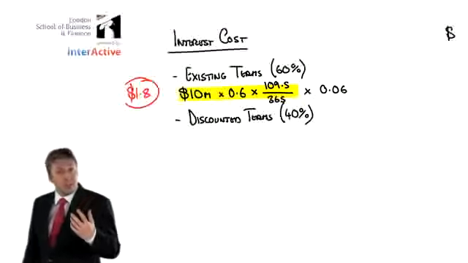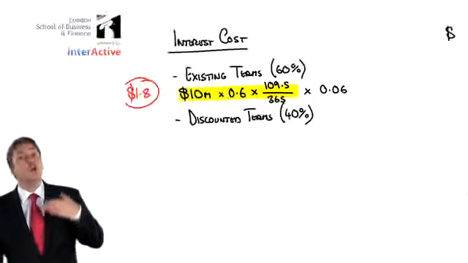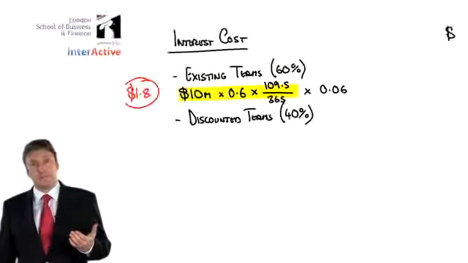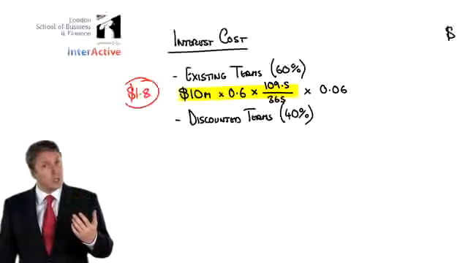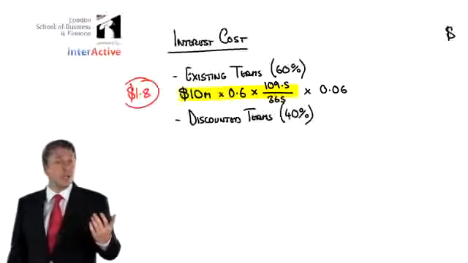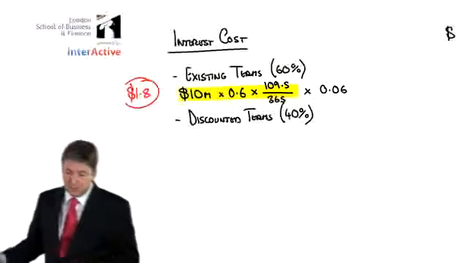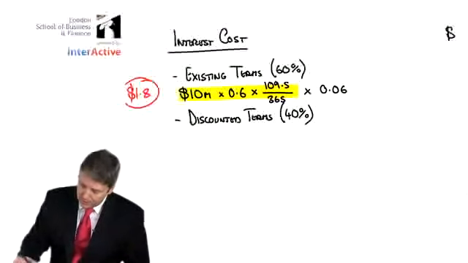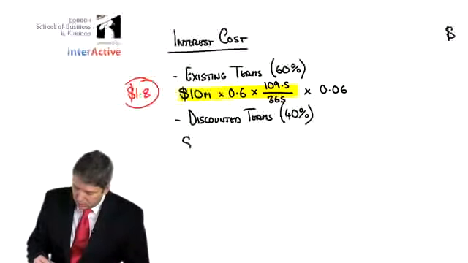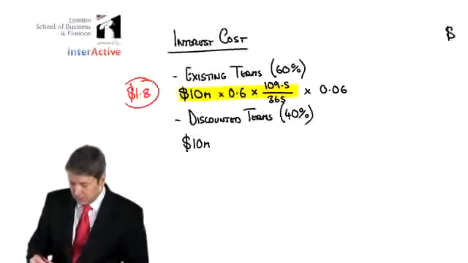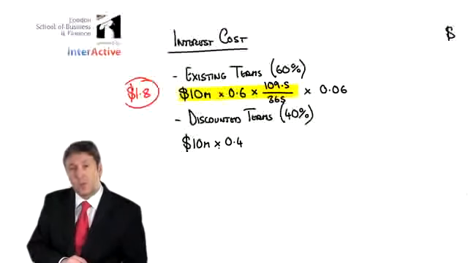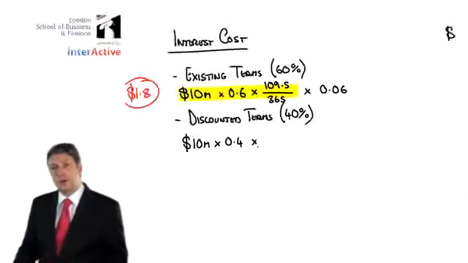Now, we've got our numbers out for those customers paying over existing terms. Now let's look at those customers paying over discounted terms. Remember, we focus first of all on 10 million sales multiplied by 40%, those people paying over discounted terms. Multiplied by?